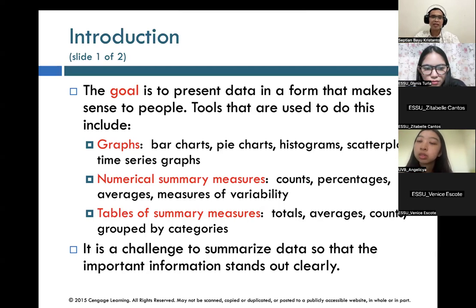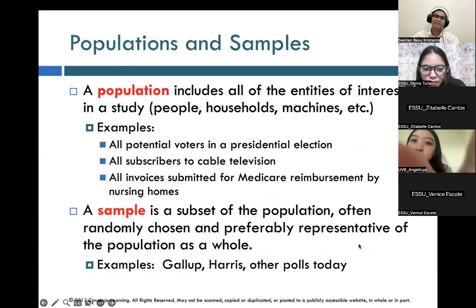So in data analytics the challenge is how to summarize your data, mostly in numerical form, and how to make your analysis stand out clearly. That is the goal of our sections.